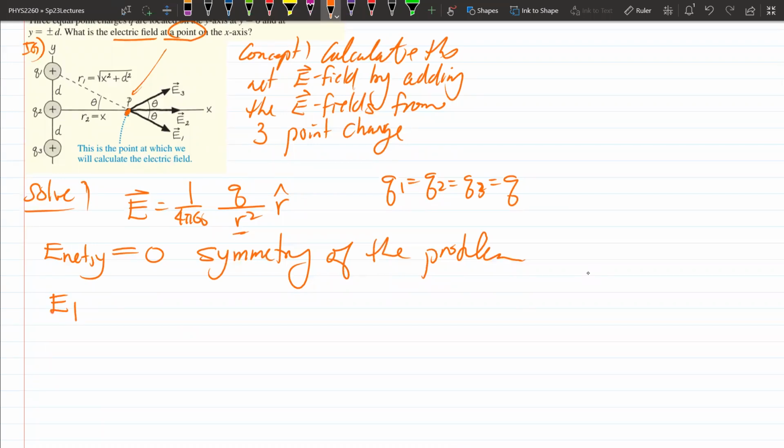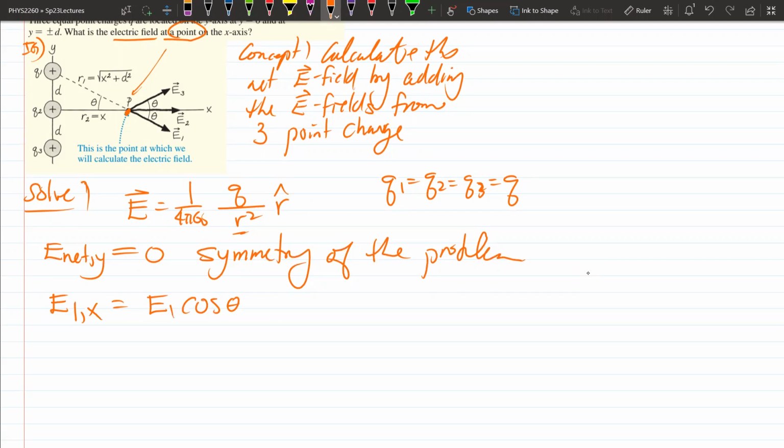The electric field from charge number 1, the x component, is the magnitude of that electric field, and I'm going to declare an angle called theta here. If we want the x component, that's just the adjacent piece, so that's going to be cosine of theta.